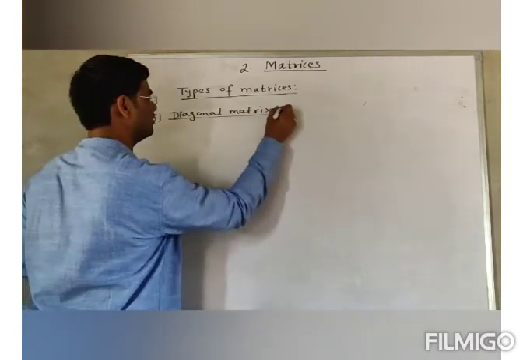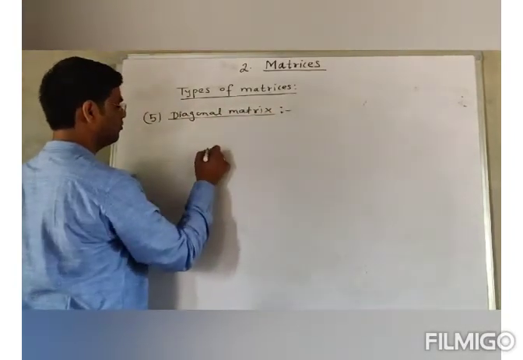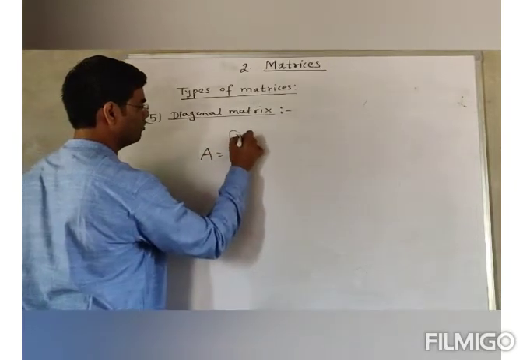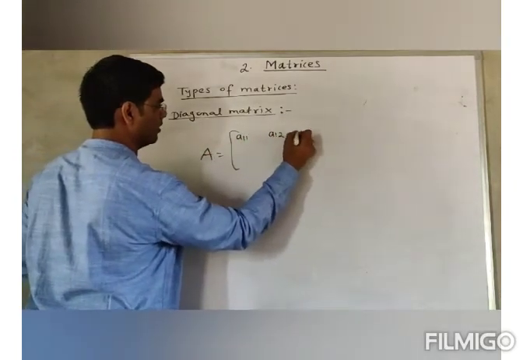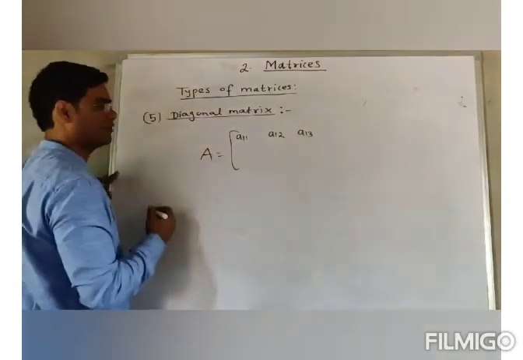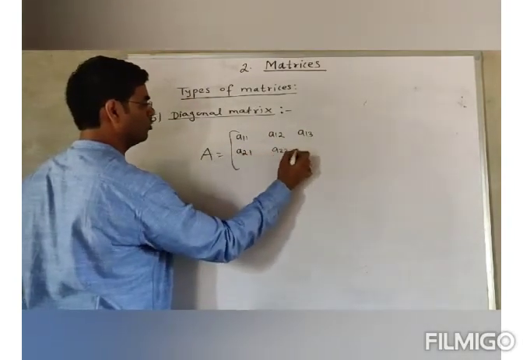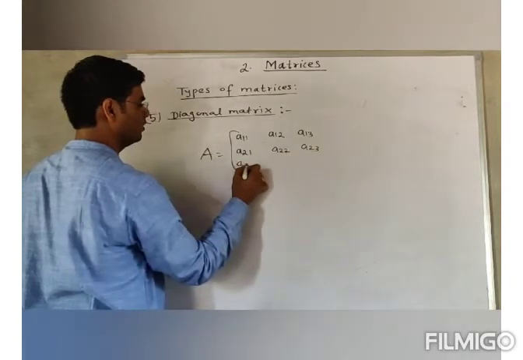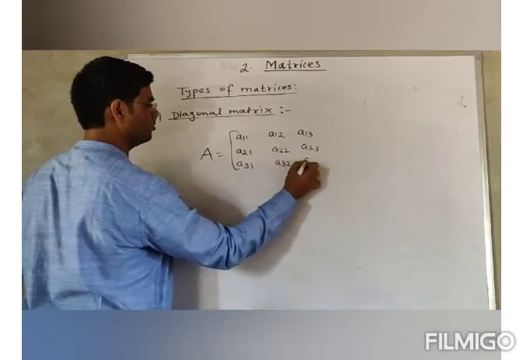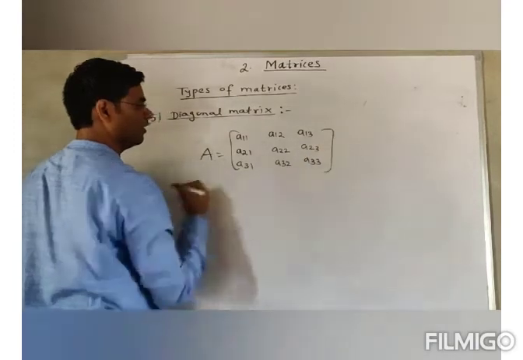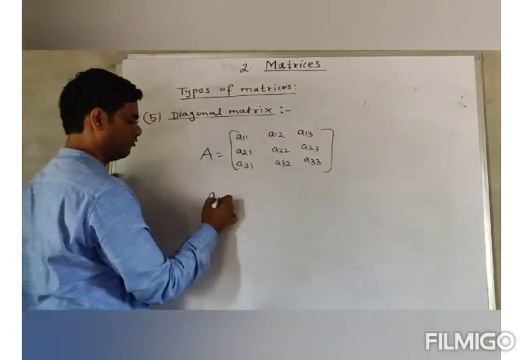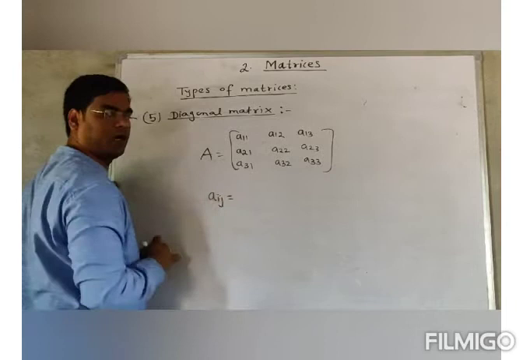Before we define a diagonal matrix, you should know the basic construction of a matrix that we have already discussed in the first lecture. A11, A12, A13, A21, A22, A23, A31, A32, A33. And we know that an element of a matrix is denoted by Aij.